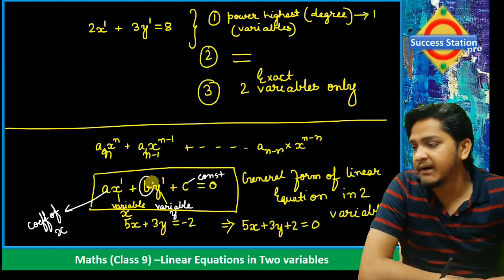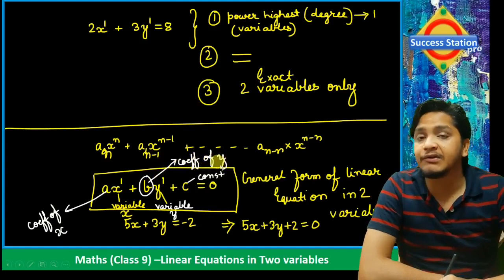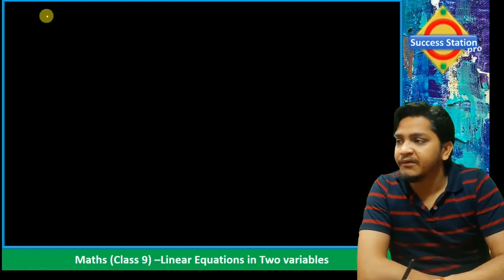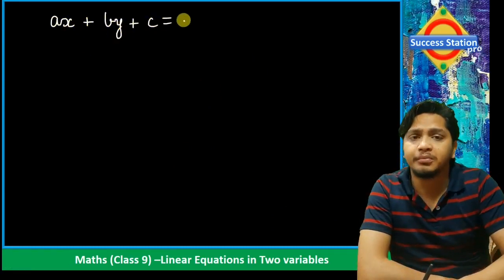This one, which is multiplied with y, will be the coefficient of y. Clear? Right? Now a very, very important thing. See, when you are writing the general form as ax plus by plus c equal to 0, of whom?